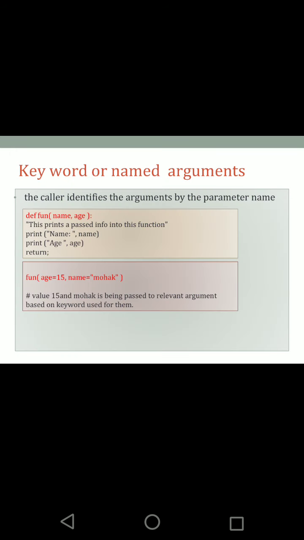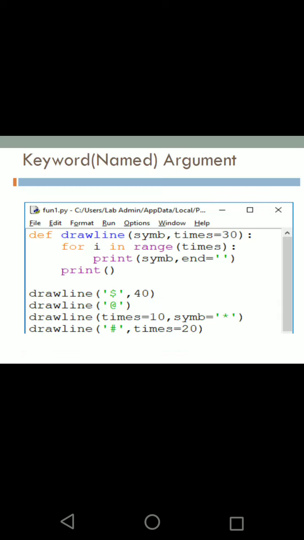So you can see as an example, you have a function with name and age, and it is called with age first and name second. Here actually order doesn't matter. Why? Because we are explicitly giving the name of the parameter. So order doesn't matter since we are giving the name. It is not based on the position. It's just based on the name that we are giving.